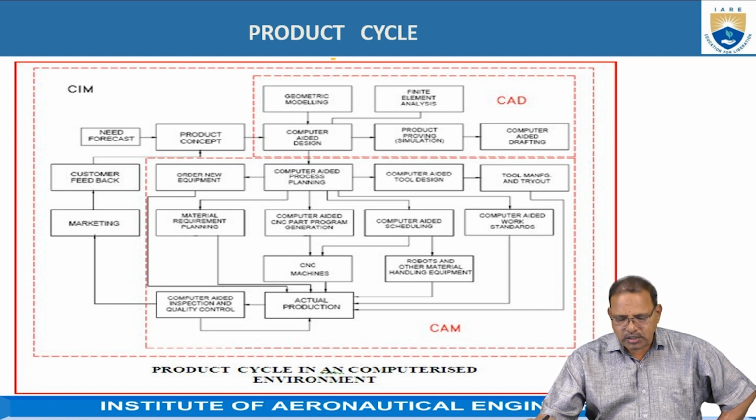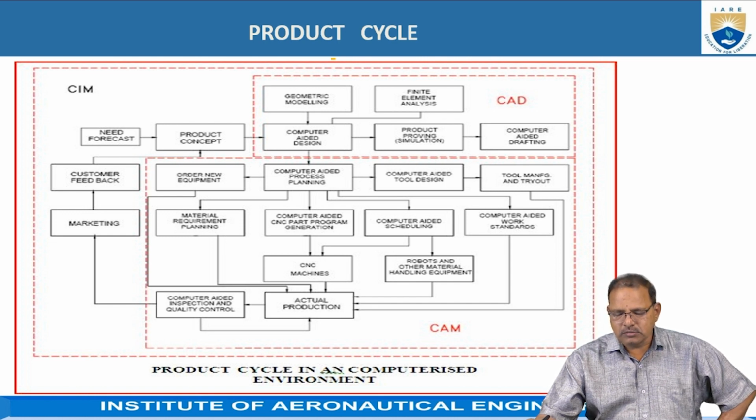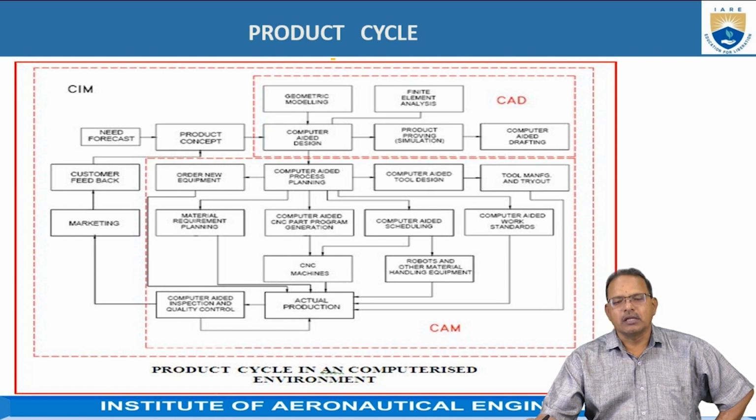Afterwards, it enters the CAM, the manufacturing. Here the proper selection of the materials determines what machine tools are required, what process planning is required, tool load, material testing, and CNC machines also.